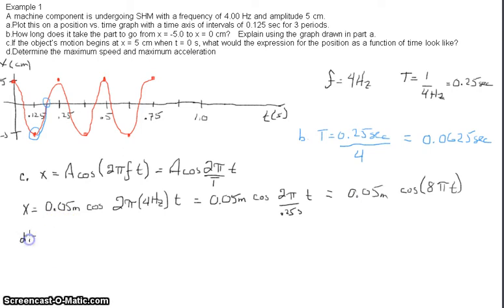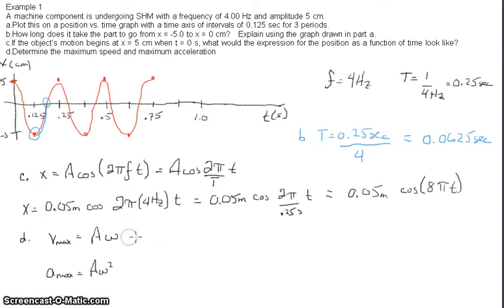All right, part D. That's to determine the maximum speed and the maximum acceleration. So we'll go to our maximum speed and maximum acceleration equations. We have A times omega, and then maximum acceleration would be A times omega squared.